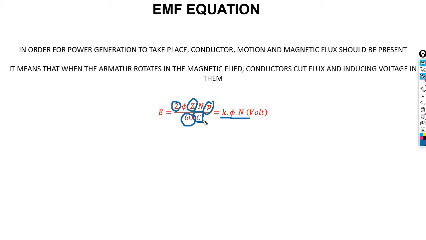Therefore all of these make our K constant. Once you have constructed the machine, the number of poles, the type of winding, and the number of conductors don't change. That's why this formula is the same as that, because we have some constants in our machine construction.